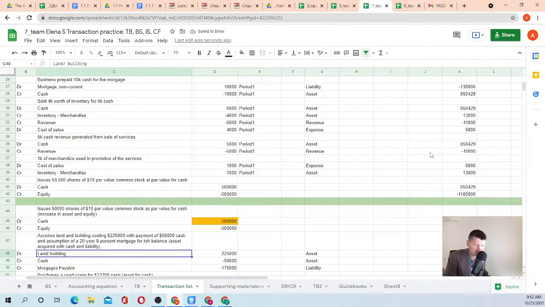Okay, so that land/building is not in our trial balance.